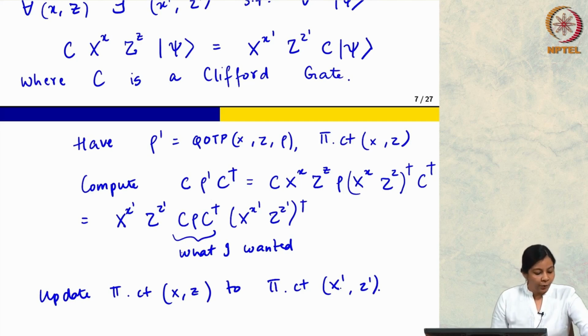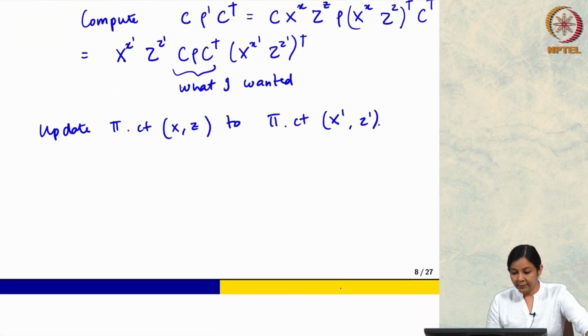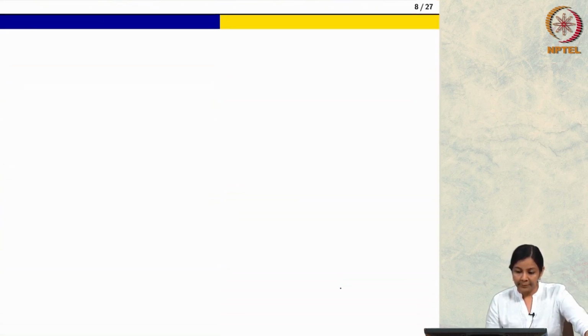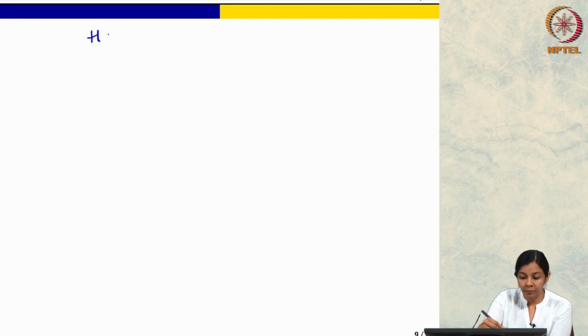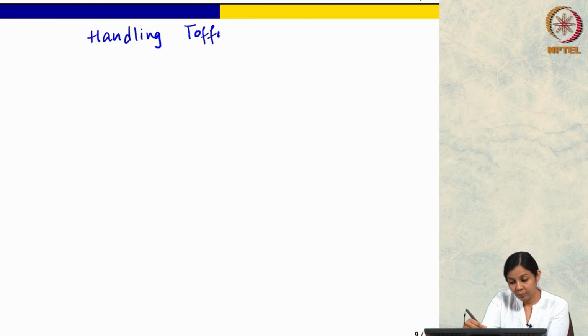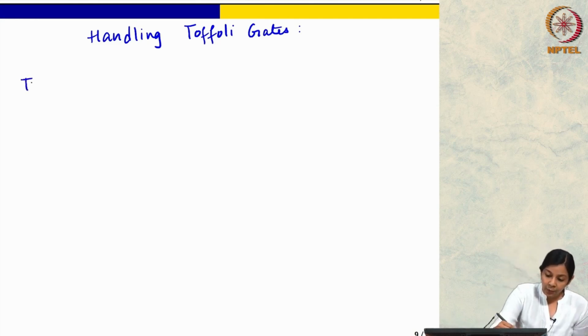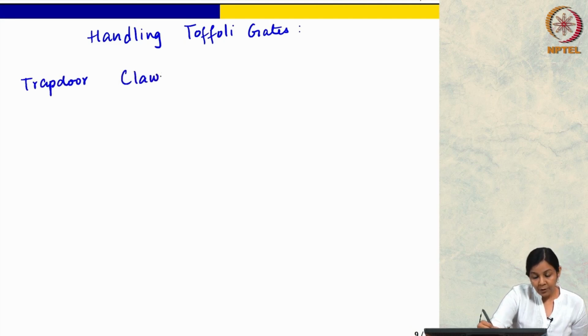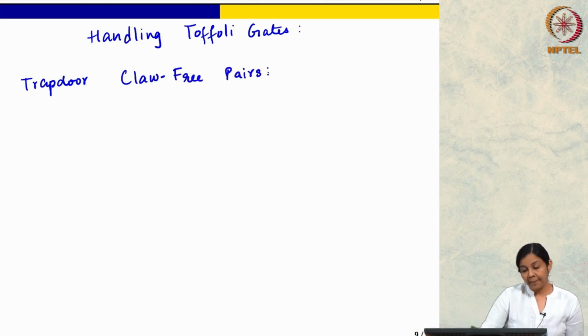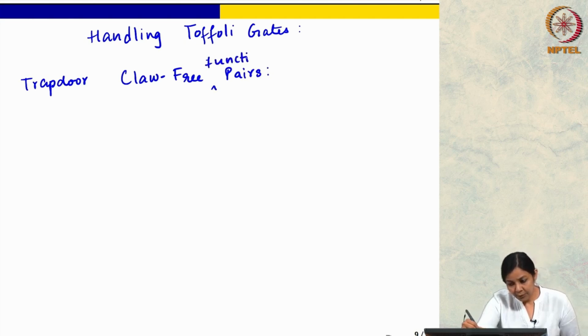Now we want to handle Toffoli gates. In order to handle Toffoli gates, I want to first define a cryptographic primitive called trapdoor claw free pairs. In particular, we are going to look at trapdoor claw free function pairs.